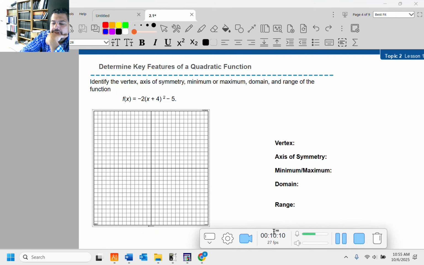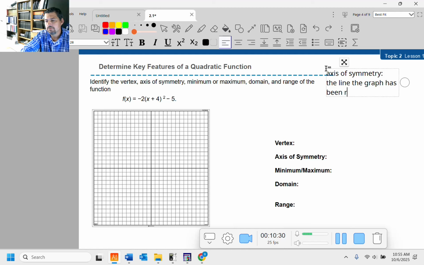All right, identify the vertex, the axis of symmetry, the minimum or maximum, the domain, and the range of the function. There's a lot of assumptions here that you remember things, like what is an axis of symmetry? Axis of symmetry is the line the graph has been mirrored over, reflected, or creates a mirror image of the other side.